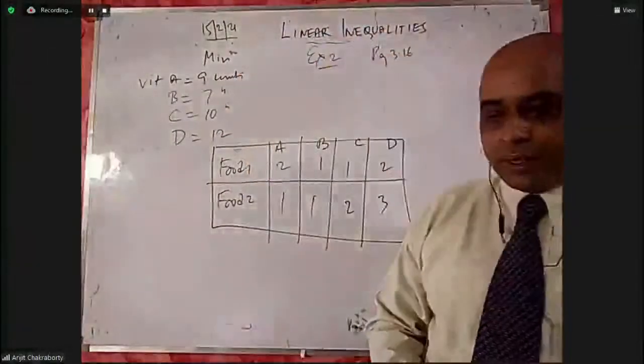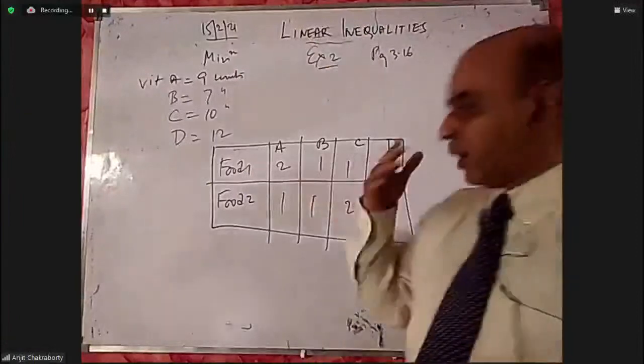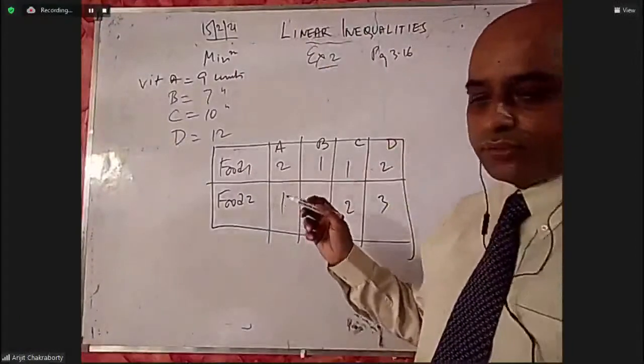So we are assuming that X units of food 1 will be mixed with Y units of food 2.